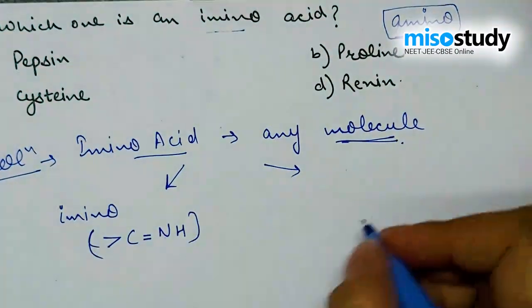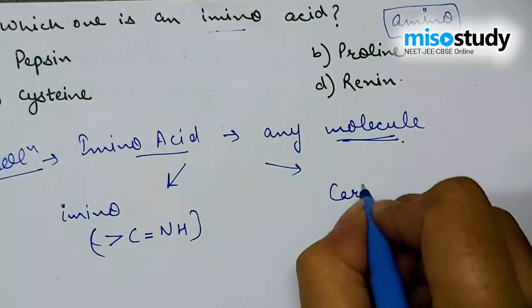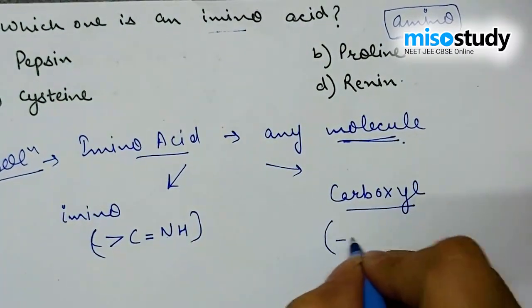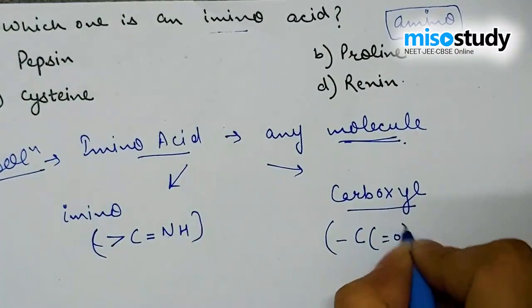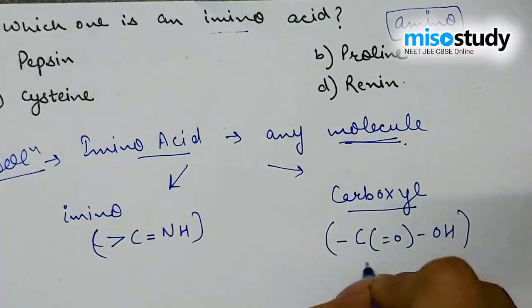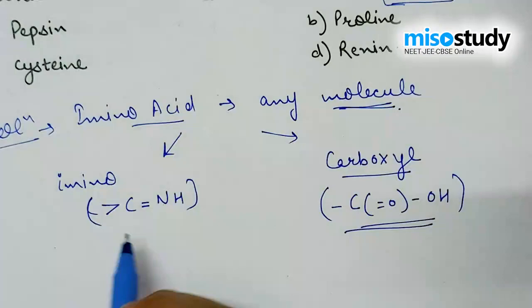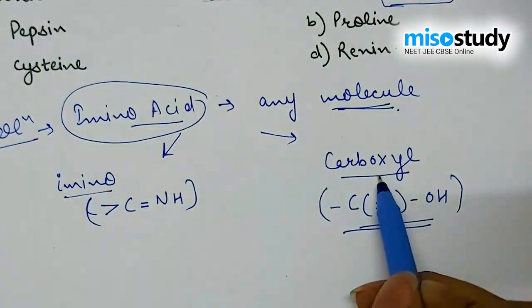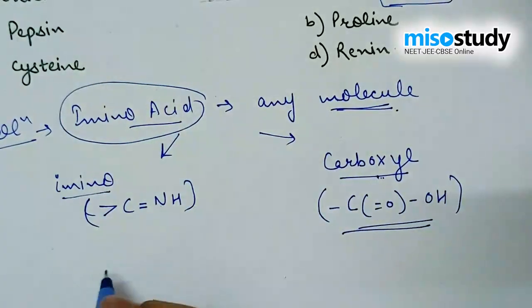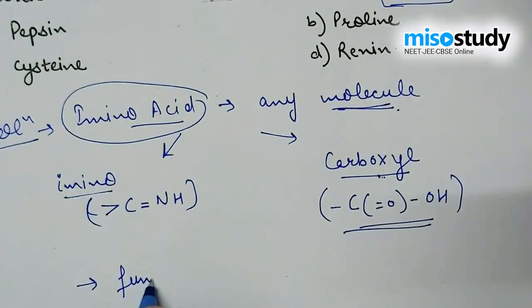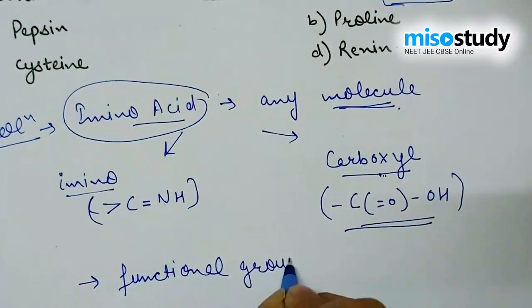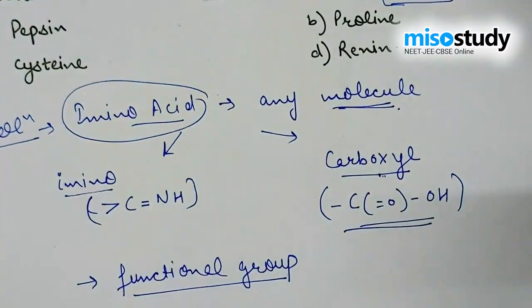This is the amino group, and the next is the carboxylic group, written like this. An amino acid is an acid in which the amino group and carboxylic group are both present as functional groups, and they join to form the amino acid.